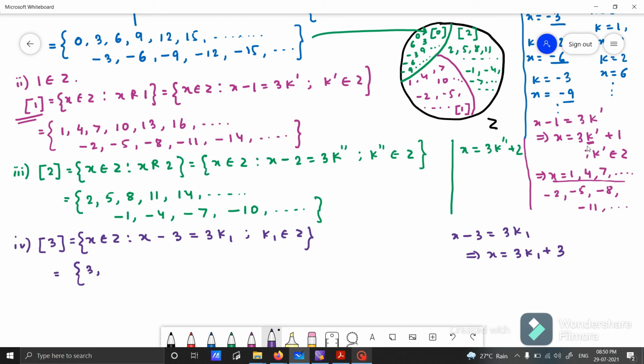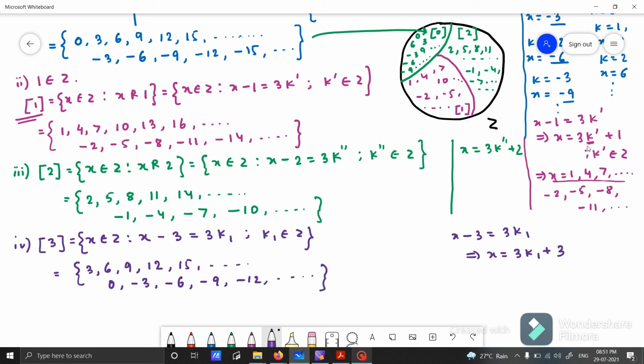If k1 is 1, you get 6. And if you keep putting the values, you will get all these values. Suppose k1 is minus 1, then it is minus 3 plus 3, so that is 0. If k1 is minus 2, then minus 6 plus 3, that is minus 3. And if you continue, you will get more, and so on.